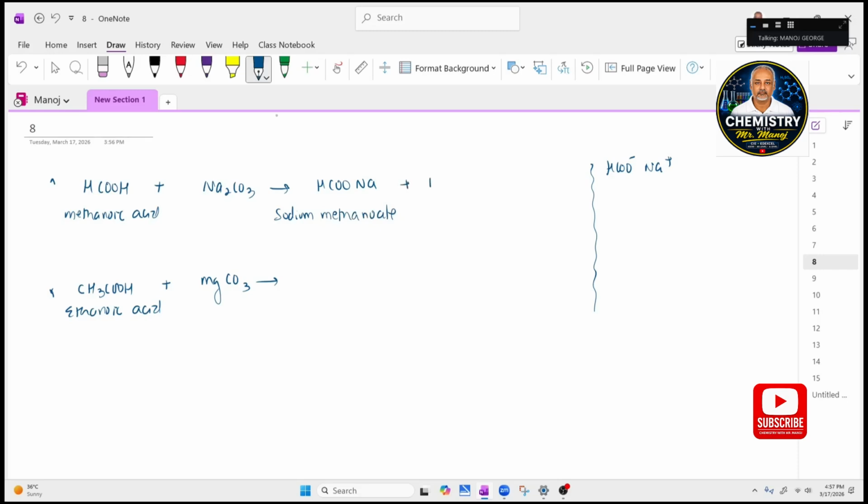The rest you already know: water will be formed, CO2 will be formed. And because CO2 is going to be formed, for the observation you can say bubbles, or fizzing, or effervescence.